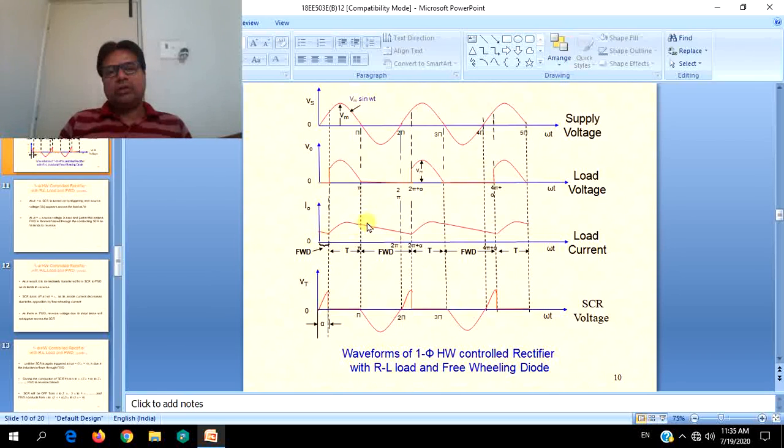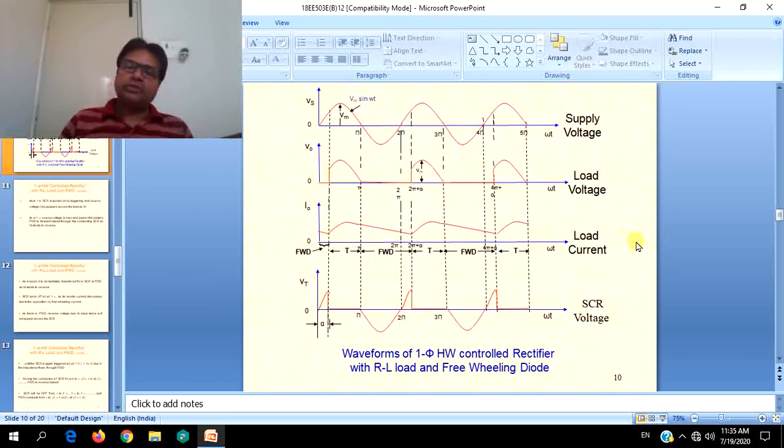So that is how waveforms are drawn, and that is how the load voltage will be improvised, and load current will also be improvised and made continuous with the aid of freewheeling diode in the single phase half wave converter.